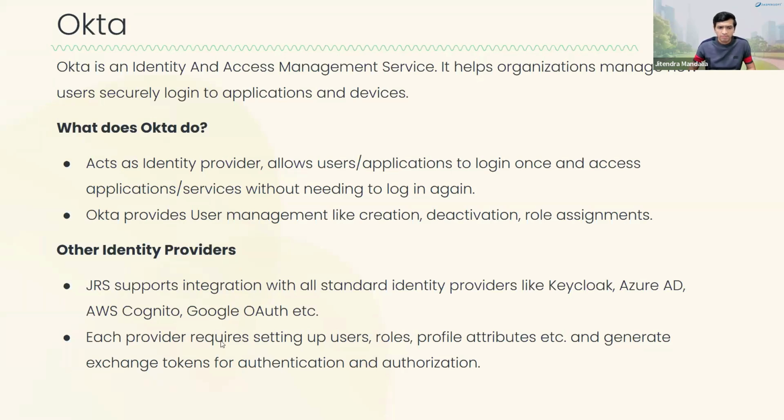So each provider, in short, will require the administrator to set up users, roles, and profile attributes, all this profile data for users and attributes, in the centralized authorization server. And that is what the authorization server will use to generate or exchange tokens with any applications registered with the OAuth server.